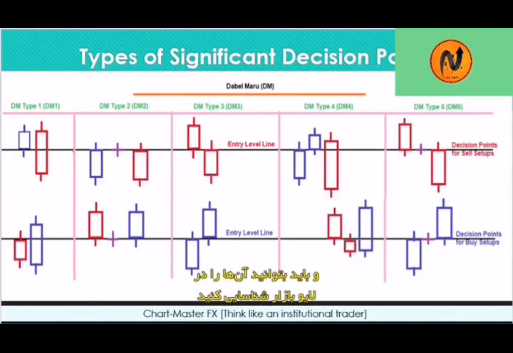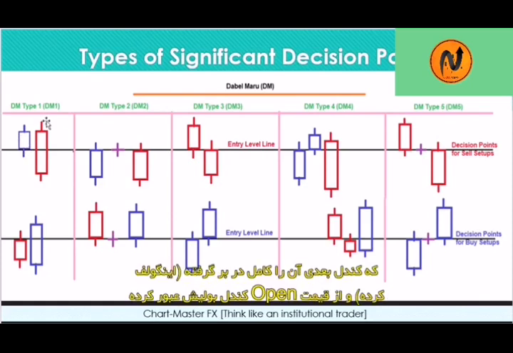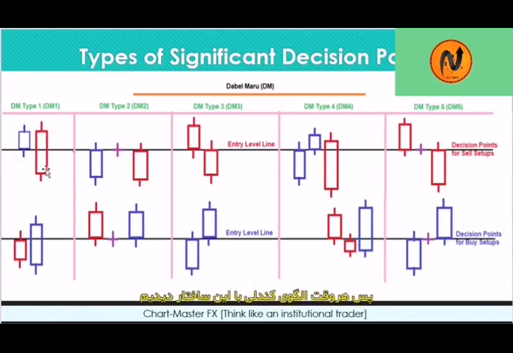If you go to the first version of the Dabel Maru, you can see here, guys, that we have a bullish candlestick that has been engulfed here. This is the entry level. Once you see a candlestick formation of this type, then you can place a trade.